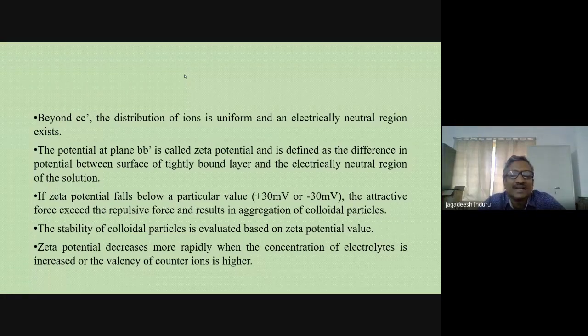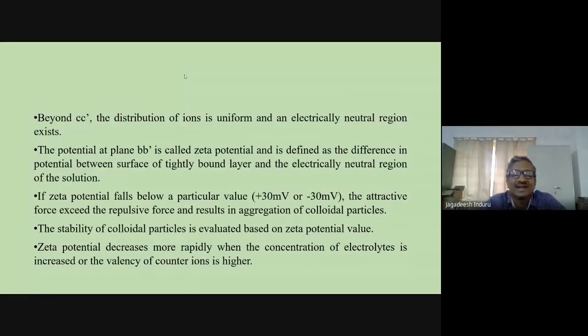Beyond that range, there will be a repulsive force. The stability of colloids is evaluated based on the zeta potential value. Zeta potential decreases more rapidly when the concentration of electrolyte is increased or the valency of the counter ion is higher.